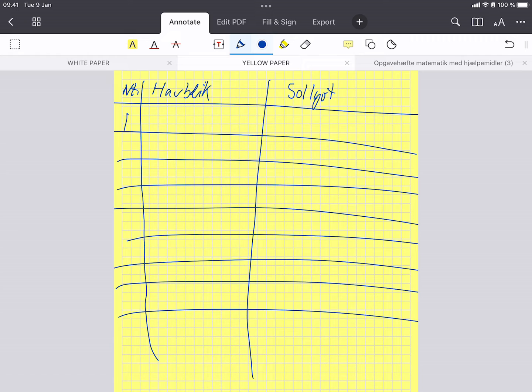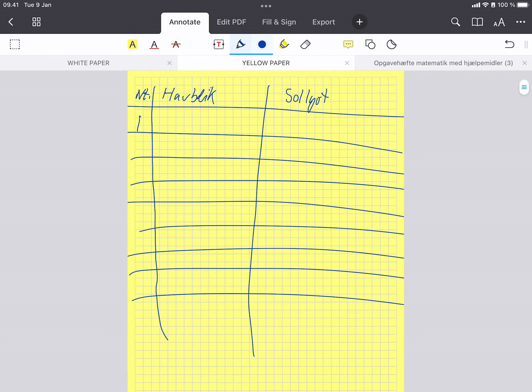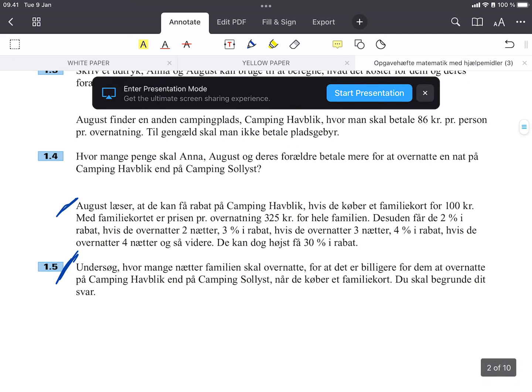So 1, 2, 3, 4, 5, 6, 7, 8. I hope I won't have to go further than 9, but we'll see how it goes. So 1 knight at Haarblick costs, let's just go back to the paper.